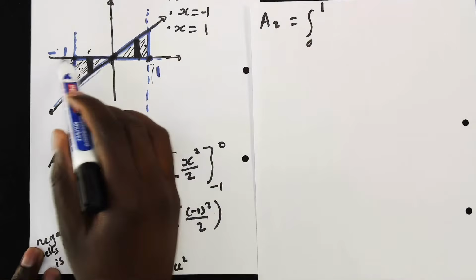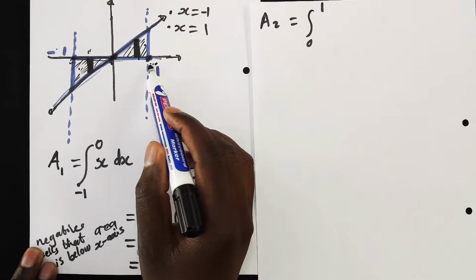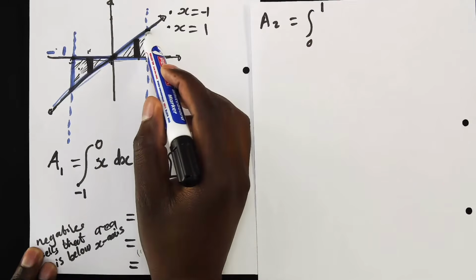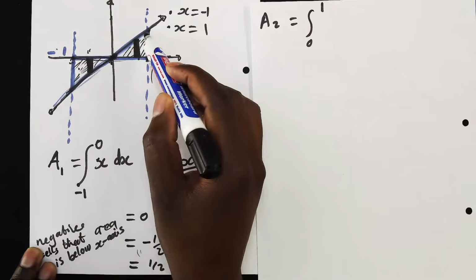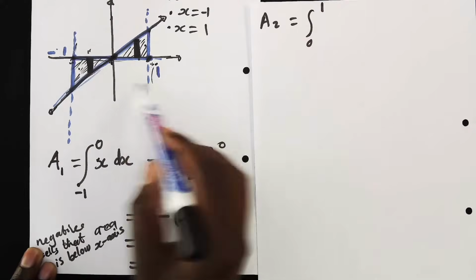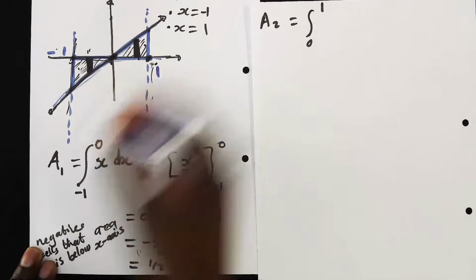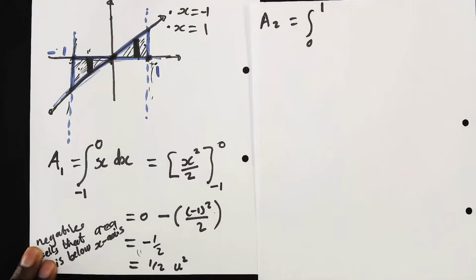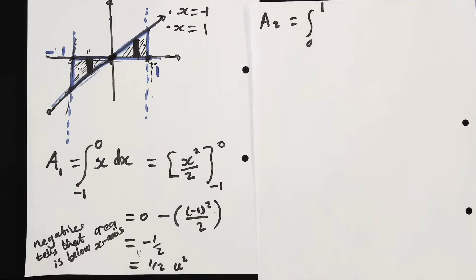It's bounded by the x-axis and by the line x equals 1 and by the curve y equals x. This is y equals x. Number 2, by the line x equals negative 1 and by the x-axis. So when you follow those lines, it gives you this path, because you plotted the line x equals 1 and the line x equals minus 1. So when we close it, here it's 0, I hope you see it gives us a triangle.